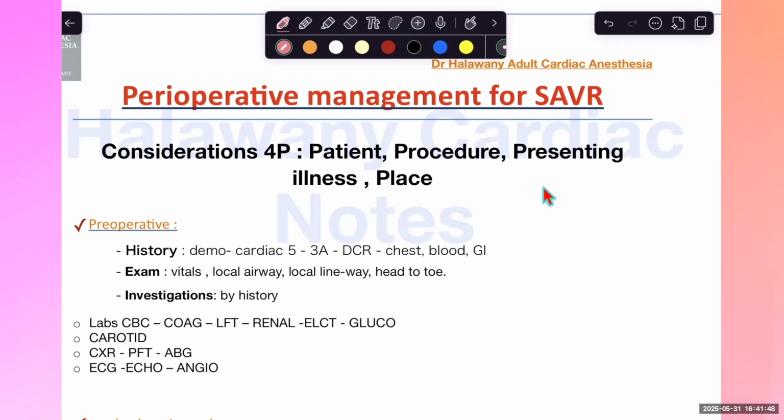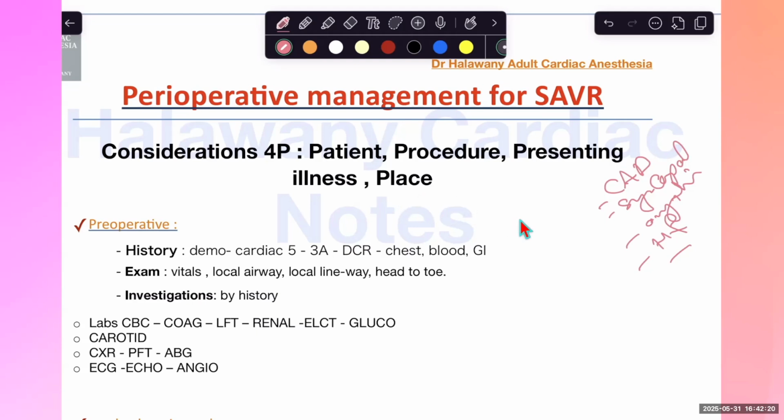Presenting illness: this patient came with aortic stenosis, and this aortic stenosis has symptoms like, as we said, coronary artery disease, syncopal attack, arrhythmia, heart failure, all the problems that the aortic stenosis will cause, diastolic dysfunction. And the place: surgical, it will be done in the OR. TAVI could be in the cath lab or hybrid OR.